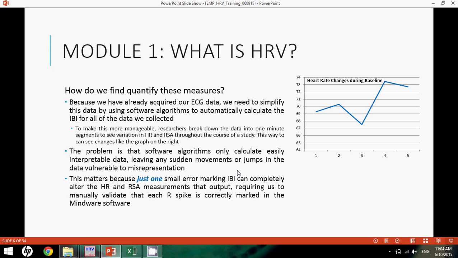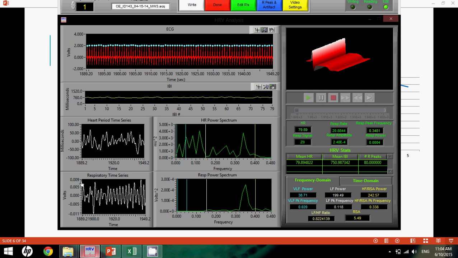So generally, programs help us quantify all these measurements, but just one small error in the IBI or in the marking procedure can cause a radically different measurement. I'm going to pull up the HRV program right now and see when this is the case.